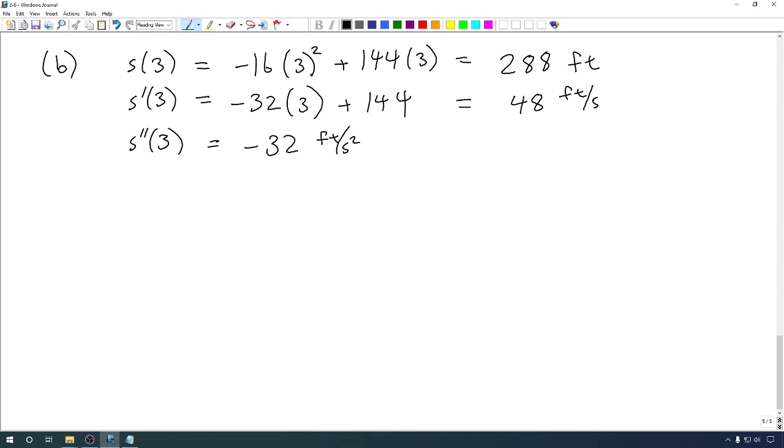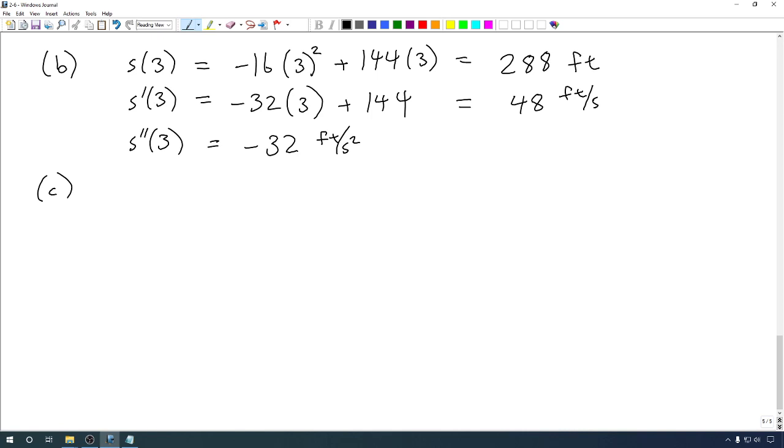Of course, that's because we're differentiating with respect to time. Basically, it's whatever units we had on our function divided by whatever units were on the variable that we're differentiating with respect to, which is usually going to be time. But of course, the acceleration is never changing. It's always the same. It's always the negative 32 feet per second squared.